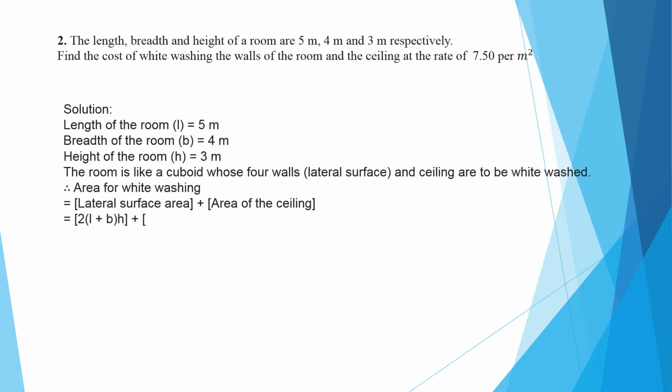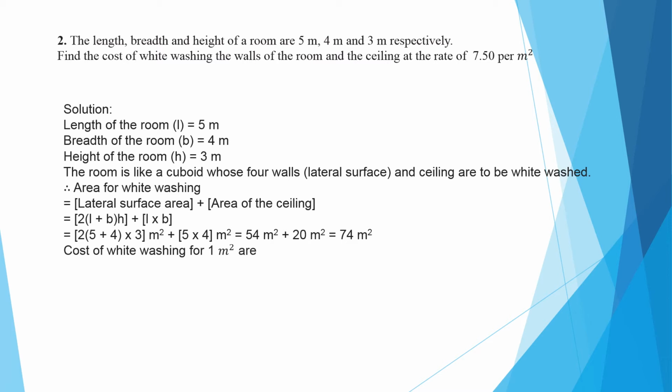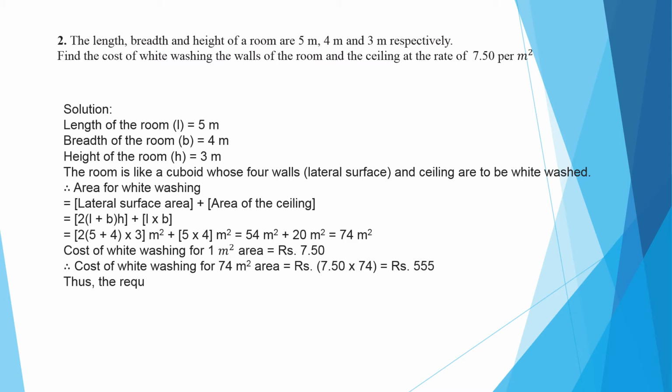So lateral surface area is 2 times (L plus B) into H, plus L into B. Now substitute all those values. 2 times (5 plus 4) into 3 plus 5 into 4, that is 54 plus 20, that is 74 meters square. We need to find the cost. So cost of whitewashing at the rate of rupees 7.5 for 1 meter square; for 74 meter square, it will be 74 into 7.5, that is rupees 555. So the required cost of whitewashing is rupees 555.